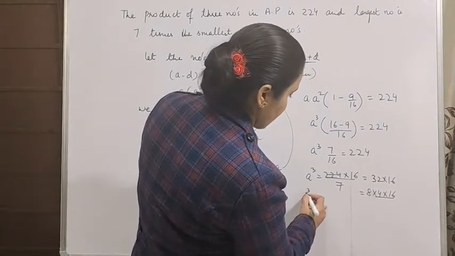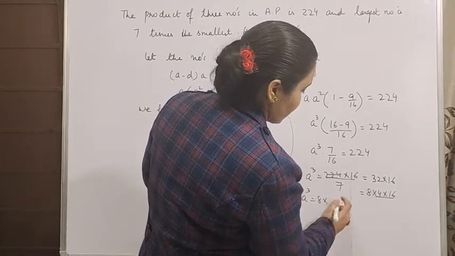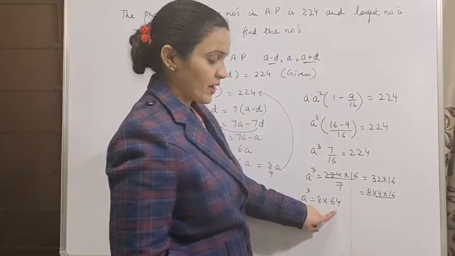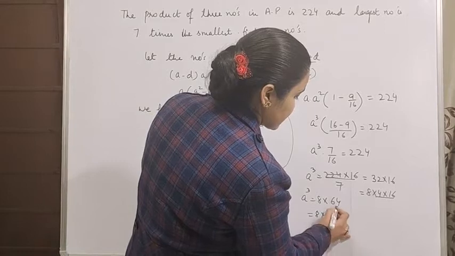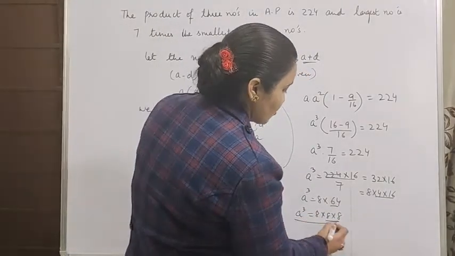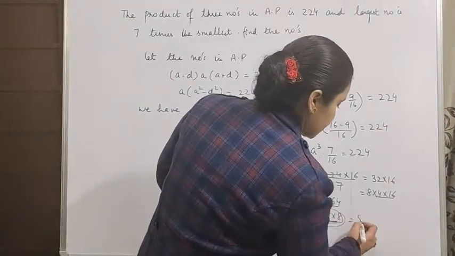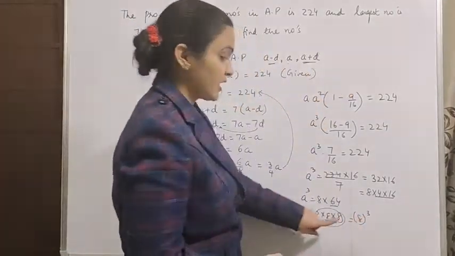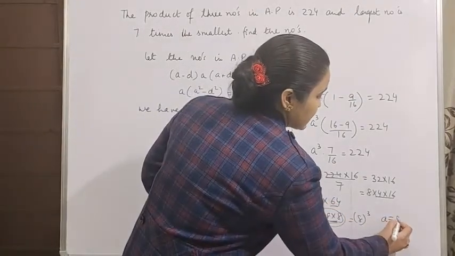So we have a cube as 8 into 64. And 64 is the square of 8, that is 8 into 8. So we have a cube as 8 into 8 into 8. This can be written as 8 cube. So taking the cube root on both sides, we will get a as 8.